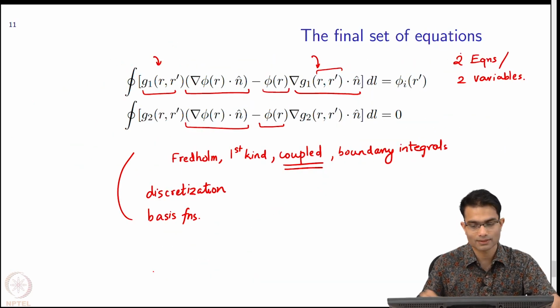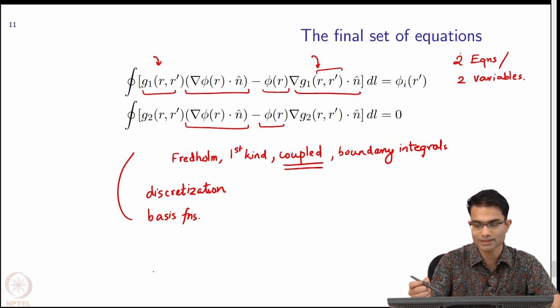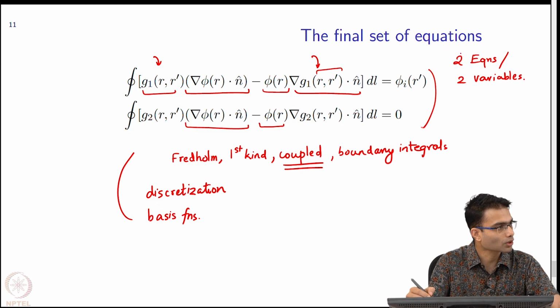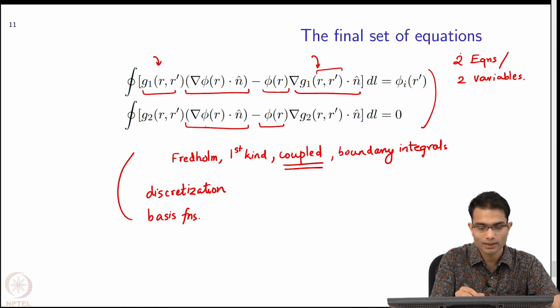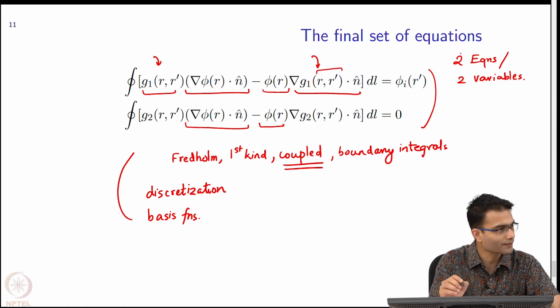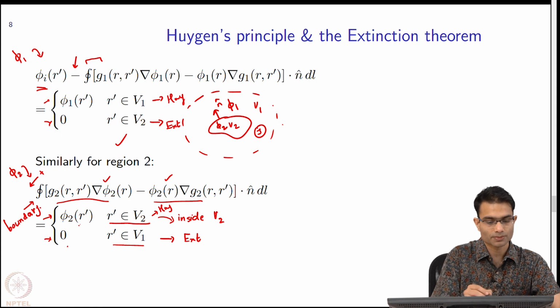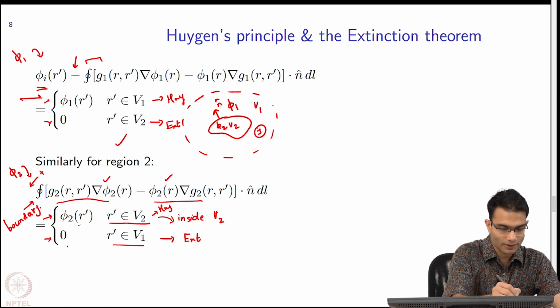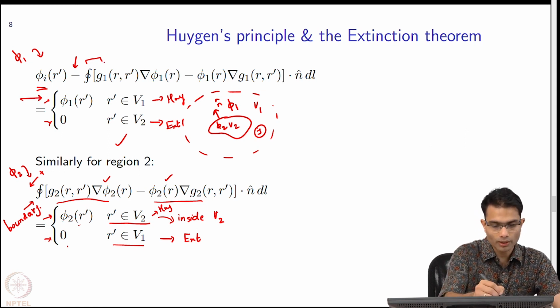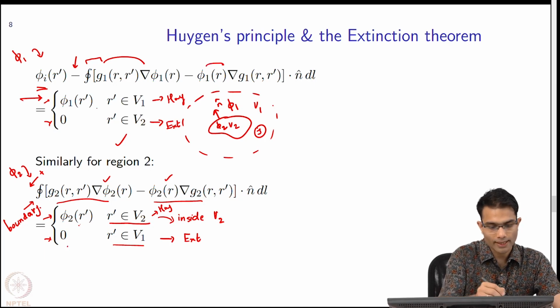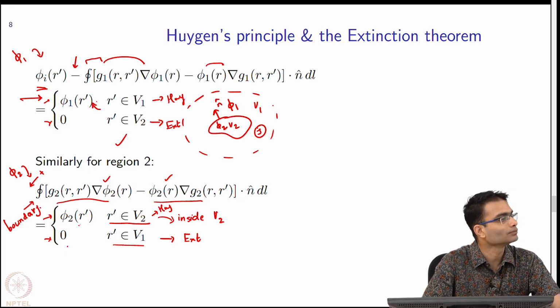Once we solve these, we get grad phi dot n hat and phi. Once we have got it, then we go back to Huygens principle and substitute it into this one. So I know this now, I will get the field anywhere. So, the two-step process.